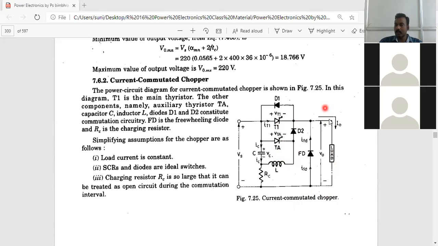So initially the current flows from positive through this capacitor and this charging resistor to negative. This makes the capacitor hold a potential of VC, with the upper plate positive and the lower plate negative.